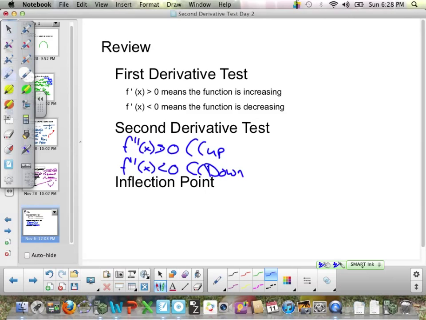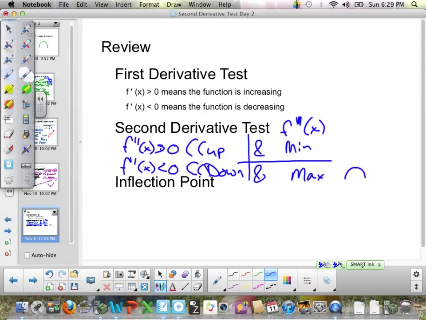For a max or min, if the first derivative is equal to 0 and it's concave up, that's going to be a min. If the first derivative is equal to 0 and it's concave down, that's going to be a max. Because a frown has a top and a cup has a bottom.